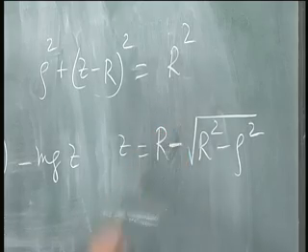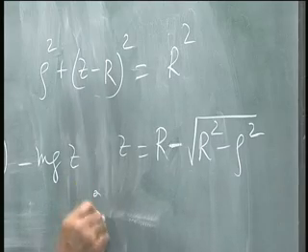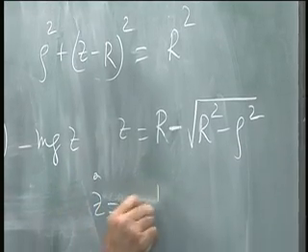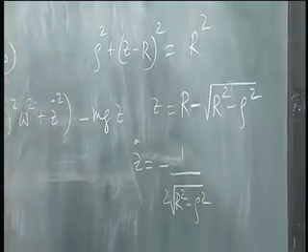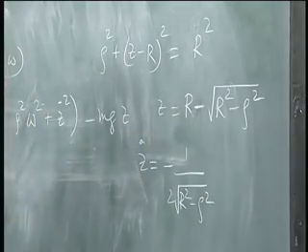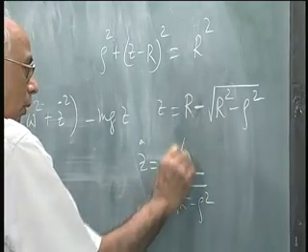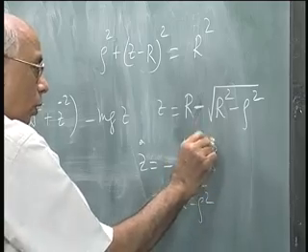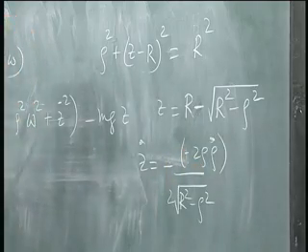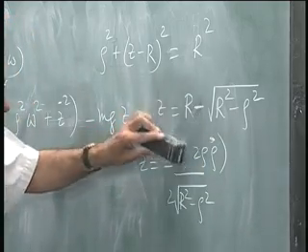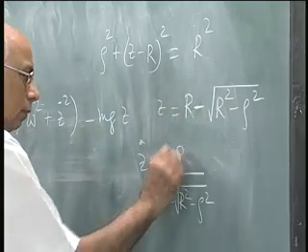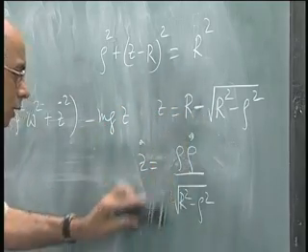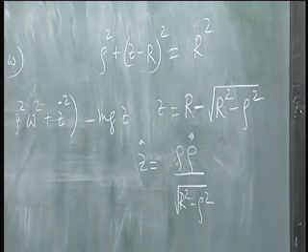Minus. Therefore what is z dot? It is equal to minus 1 over twice the square root of r squared minus rho squared. Then I have to differentiate minus rho squared, which is equal to minus 2 rho dot up there, and the minus signs go away, the 2 goes away, and I have rho dot over r squared here.